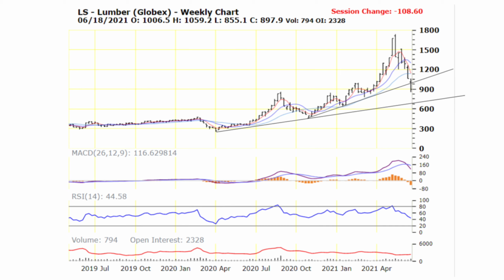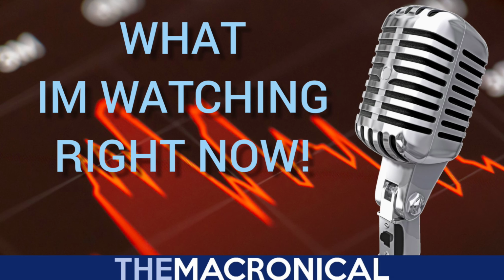You'll see in a few more charts how that last one is playing out in other commodities too. But I digress. That trend line going back to late 2020 broke last week. And in my opinion, the two charts that tell you what's going on in the global economy, there are no better charts than a price chart of lumber and a price chart of copper.